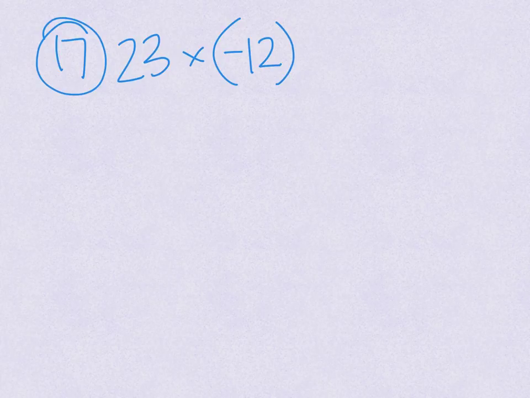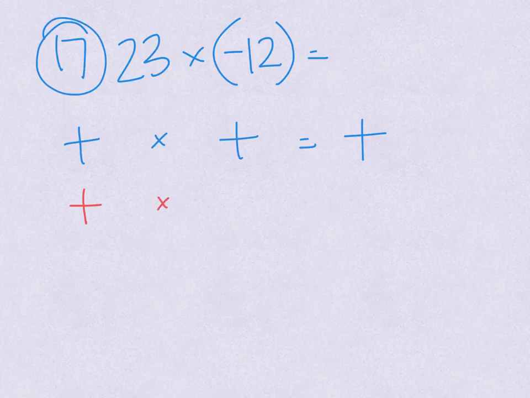Skipping a little further down the page, if you look at number 17, we have 23 times -12. So I'm not going to do the answer with you, but what I want to do is talk about multiplying positive and negative numbers. So if we have positive times positive, our answer will always be positive. If we have positive times negative, our answer will always be negative.